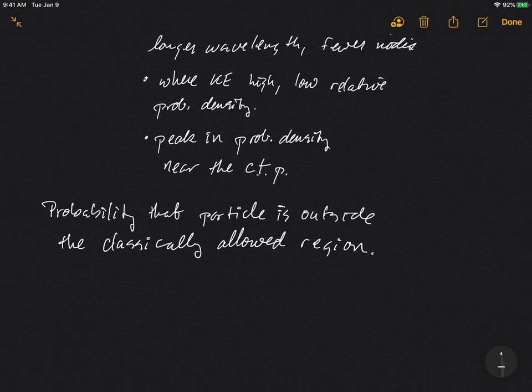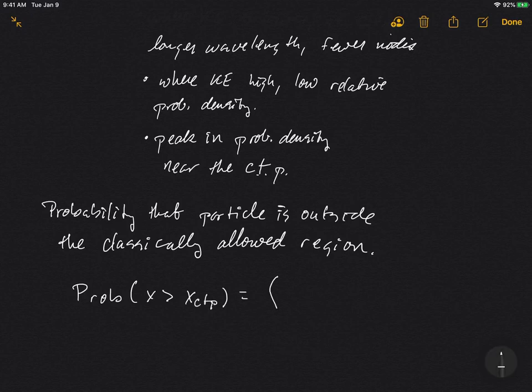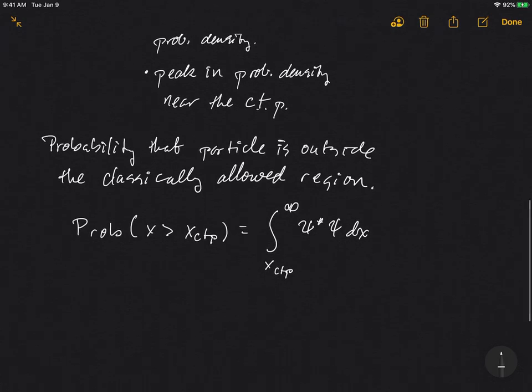And according to the Born interpretation, we know that the probability that x would be in a certain range, let's say the probability that it's greater than the classical turning point, is going to be equal to the integral from the classical turning point to infinity of psi star psi dx, where psi, this is for a given state, say psi sub v.